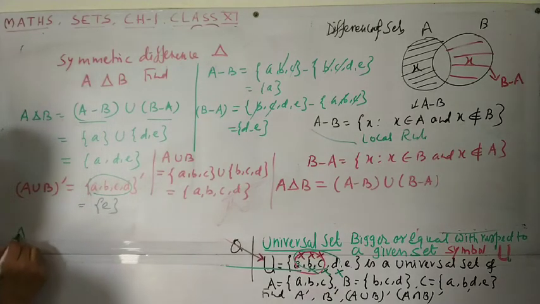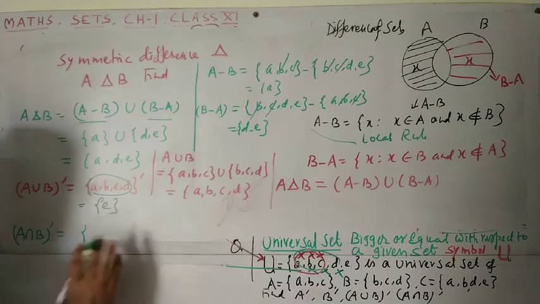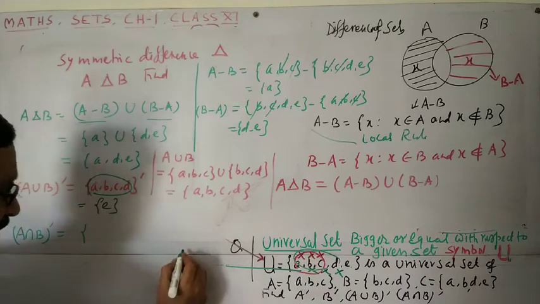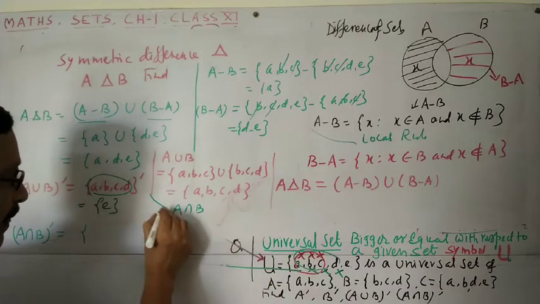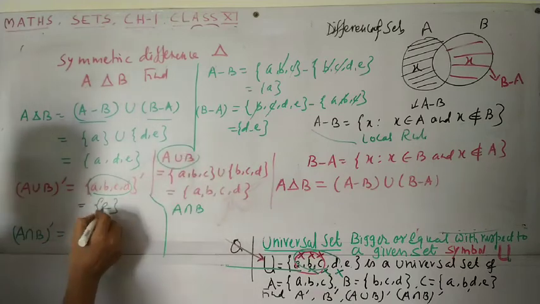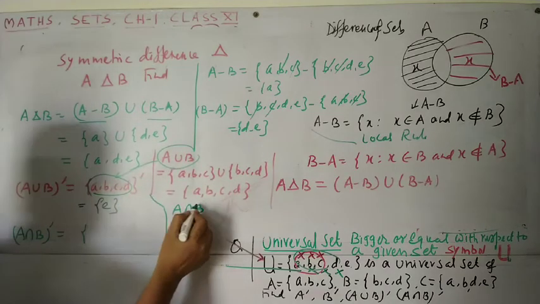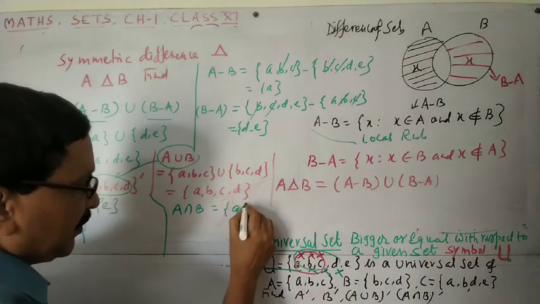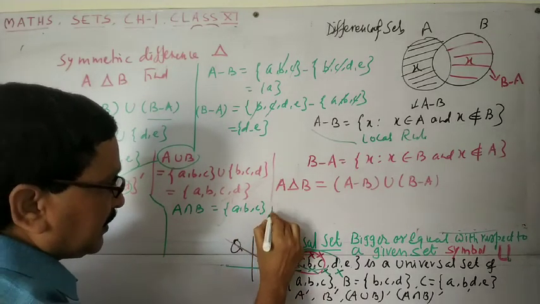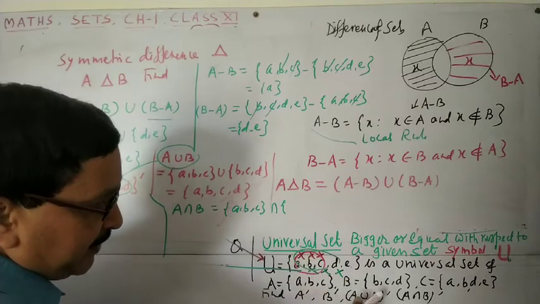Now to find out A intersection B complement, the common in A and B, just get A intersection B here. A union B you have written here. And now A intersection B. A intersection B means ABC intersection B, BCD.